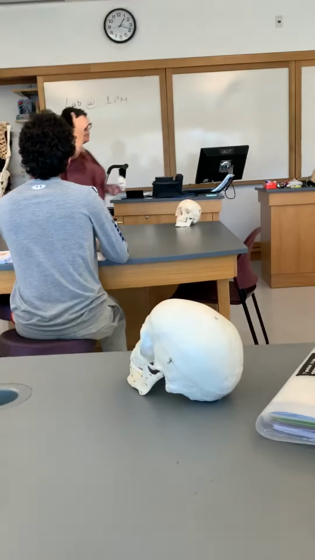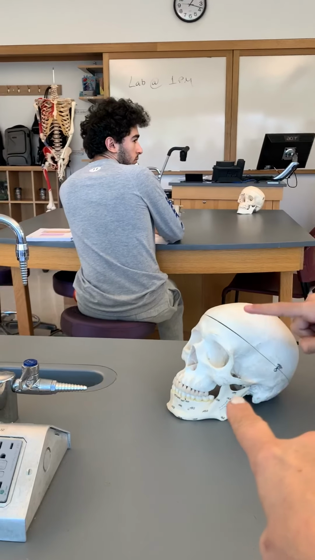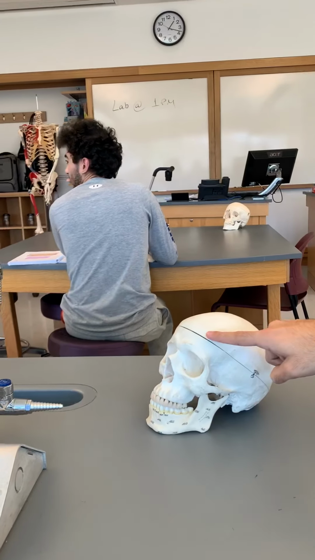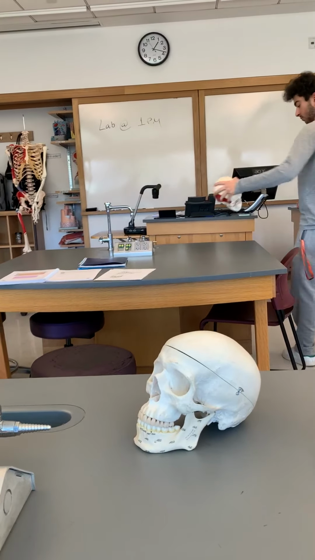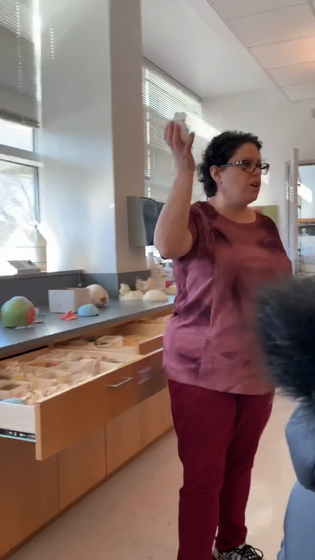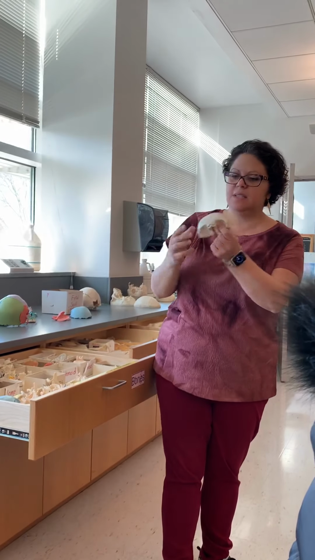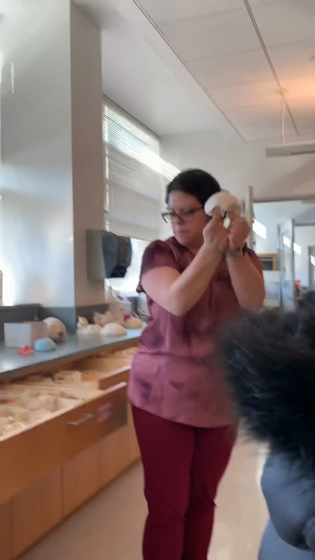If you would just point to the frontal bone so I know everyone is with me. Great, awesome. Regardless of whether it's blue, white, or yellow, it's still the frontal bone. You can still see those open areas where your eyeballs would be.